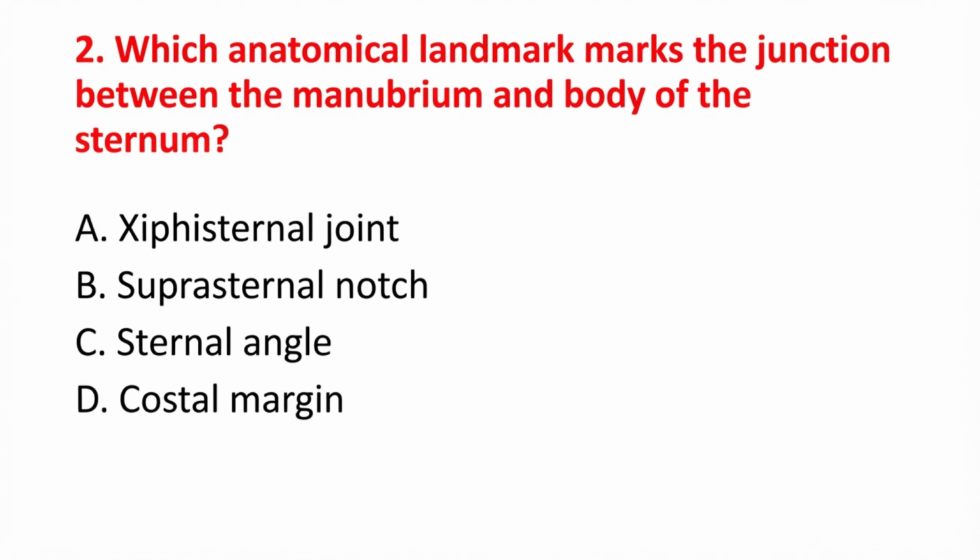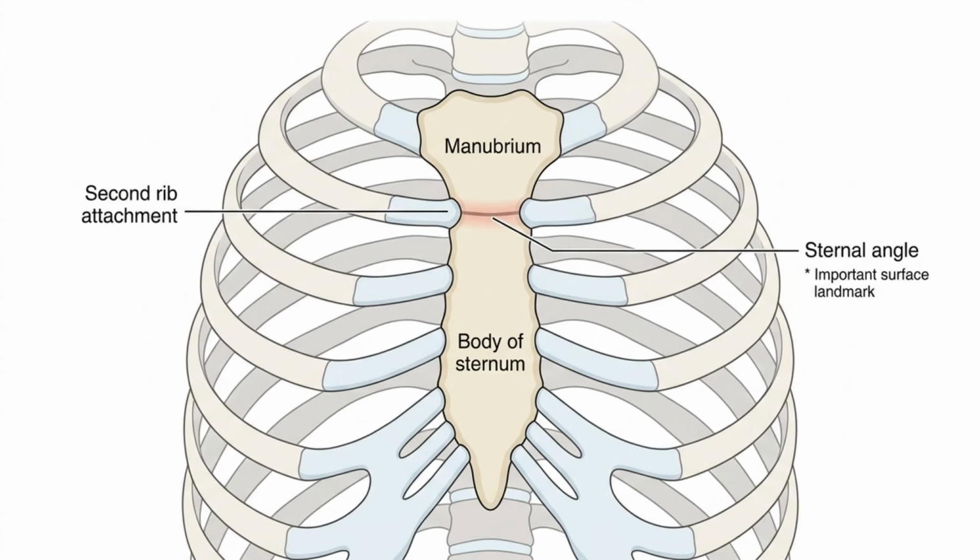Okay, so the correct answer is C, sternal angle. The sternal angle, also called the angle of Lewis, is the junction between the manubrium and the body of the sternum. In the diagram, the upper part of the sternum is the manubrium, and below it is the body of the sternum.